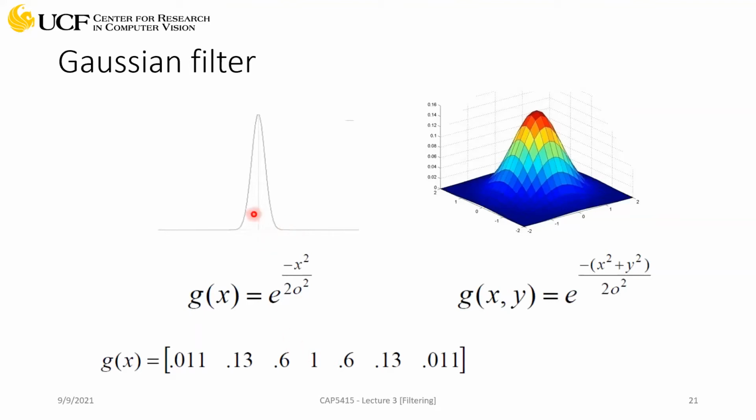And you can see that the Gaussian is symmetric, so whatever values you have on the left, you will have similar values on the right. So this is 1D. Similarly, you can discretize the 2D version of this. Again, you can sample those points and create a 2D filter. Of course, the center row and the vertical row will be exactly the same. You just have to find the rest of the values for that matrix.